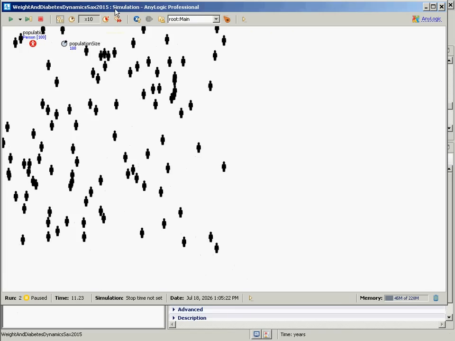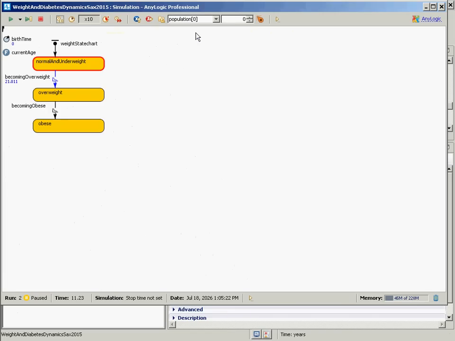This one's obese. This one's obese. So they're transitioning. You notice that it puts actually an indicator here, 3.121. What that's saying is in 3 more years, by default, if nothing else has happened to this agent, 3.121 years or they'll be going to an overweight state. It's kind of predetermined. It's drawn from that exponential distribution for when they'd be leaving.